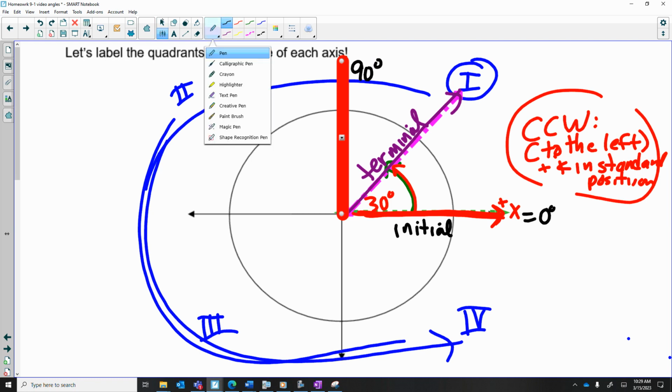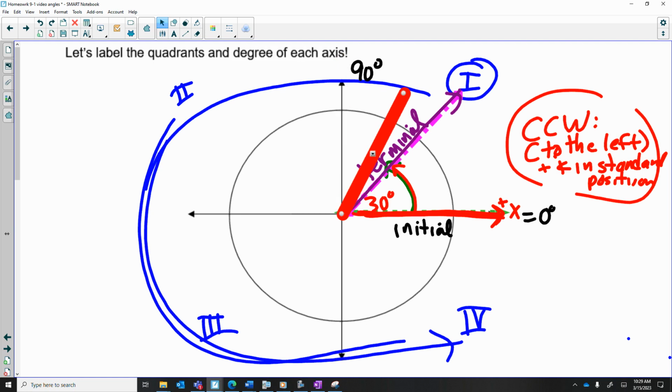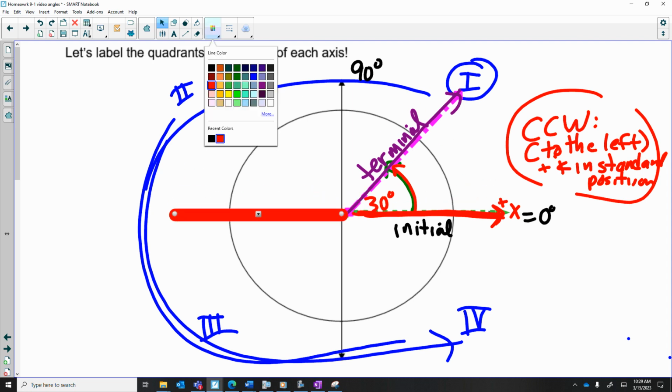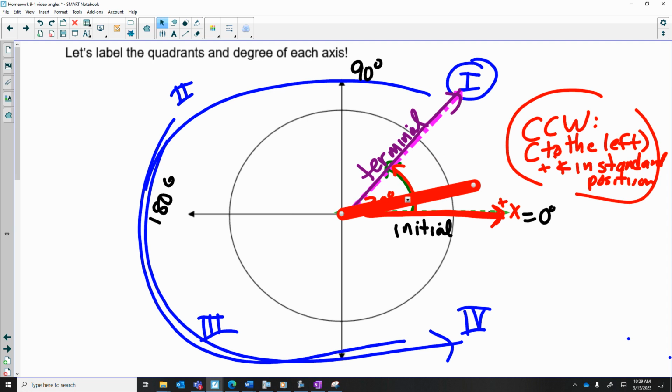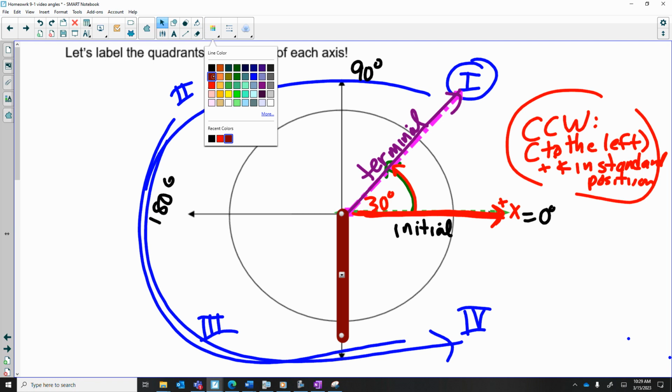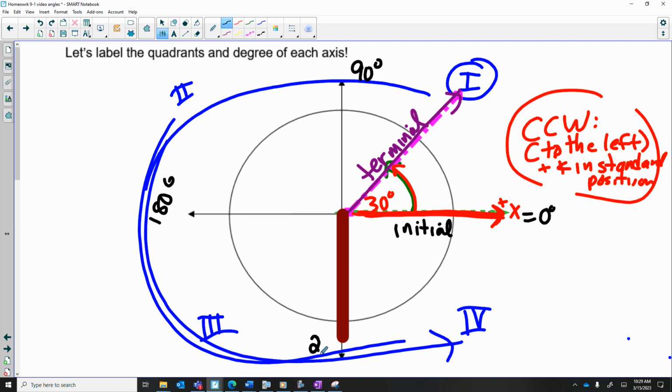Now, let's say I go back to that same angle and I start at 0 and I rotate over to here. How many degrees have I rotated? I've rotated 180 degrees. So this is going to be 180. What if I were to start at that same part from here and go all the way around to here? I'm hoping you're saying 270 degrees because these are multiples of 90 degrees.